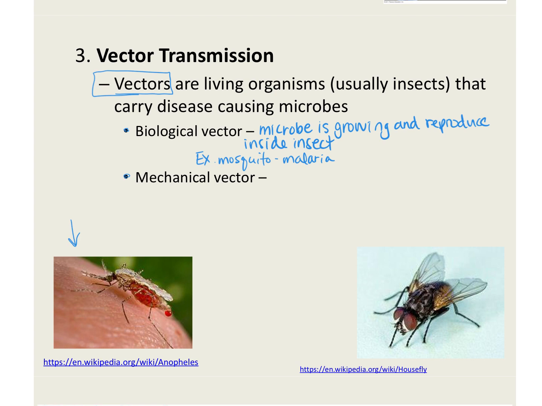A vector could be considered a mechanical vector if the insect is a passive carrier. So this means that basically the insect isn't infected per se with that pathogen.